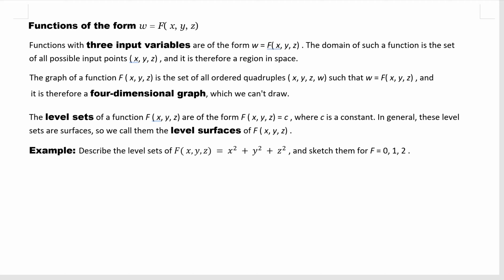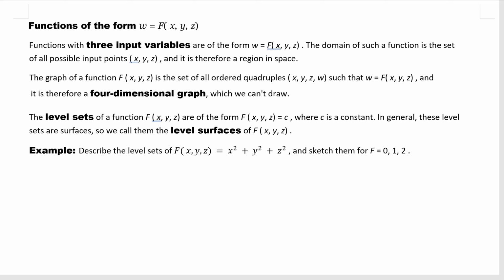The graph of a function f of x, y, z is the set of all ordered quadruples x, y, z, w, such that w equals f of x, y, z. And it is therefore a 4-dimensional graph, a hypersurface, which we cannot draw. In space, we can only draw 3-dimensional things, right? And this is actually a 4-dimensional graph.